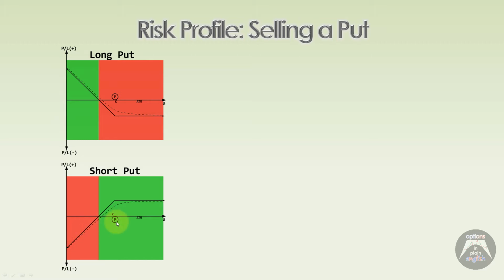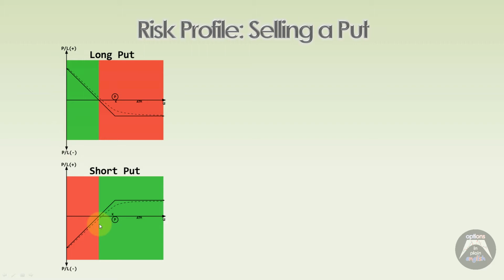So in a sense, it's the opposite of the long put strategy. You can only make a certain amount of money, but not more than that. So the profits are limited and the losses are unlimited or very high, because you can lose all the way to zero, same as with a stock.